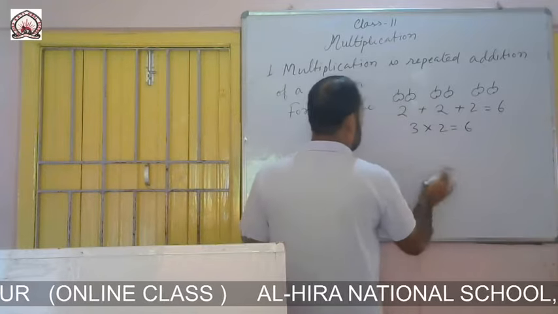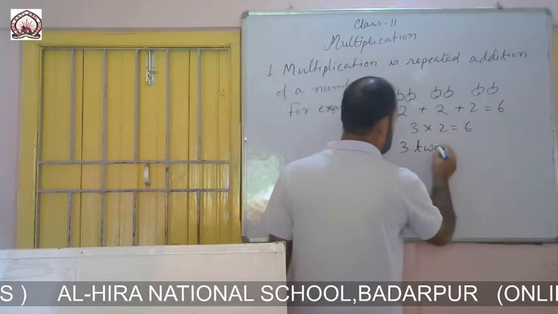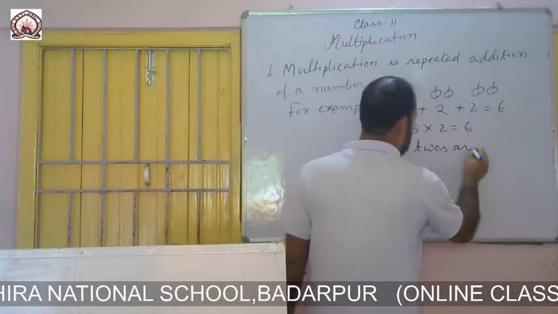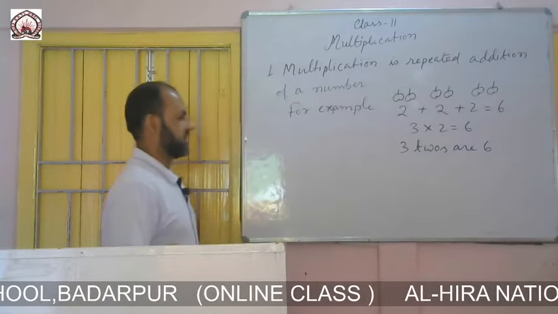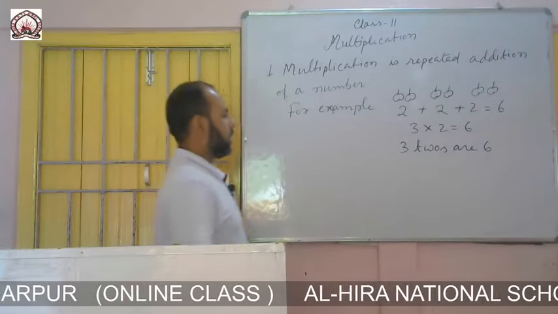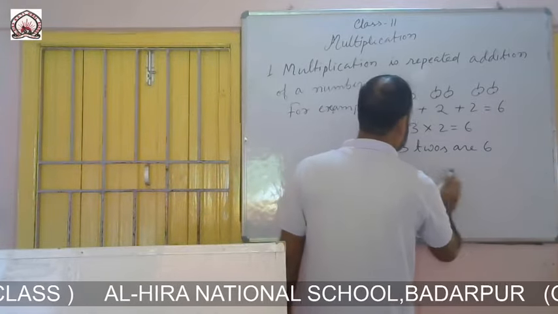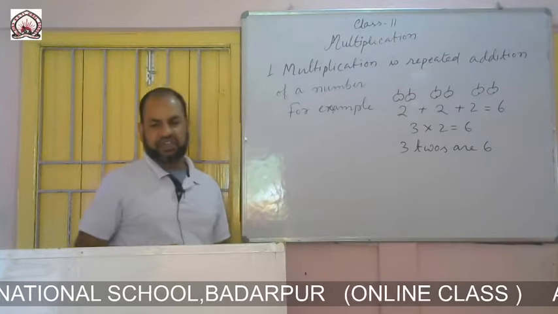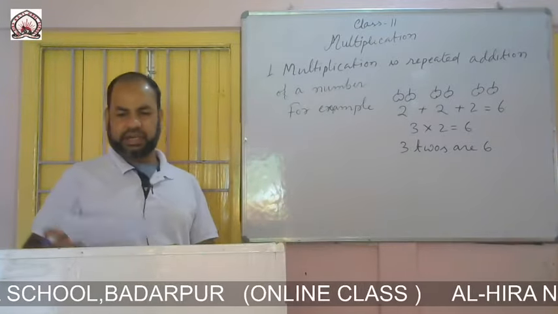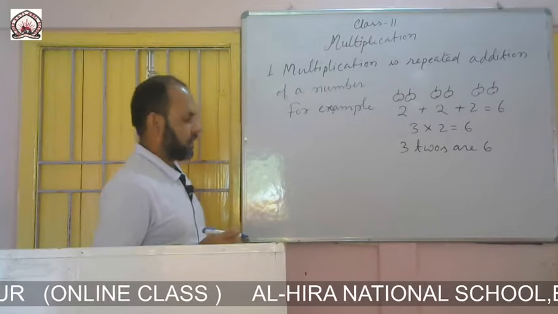Or in words we write 3 2s are 6. So here repeated addition, here multiplication, and here in words. That's why multiplication is called repeated addition of a number.